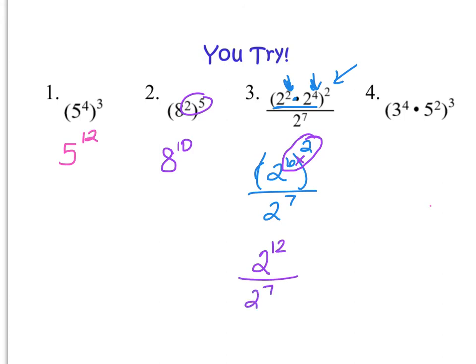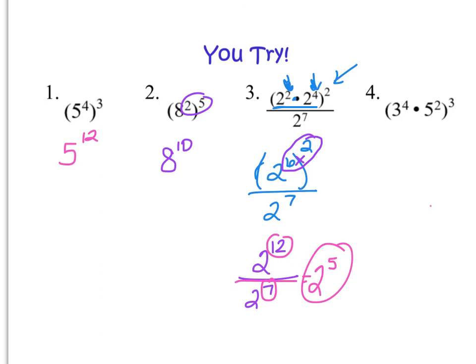Still dividing that by 2 to the 7th power. And then lastly, since I am dividing with like bases, I'm going to keep my base, but I have to subtract my exponents. So 12 minus 7 is 5. Make any corrections you need to. 2 to the 5th is the correct answer.